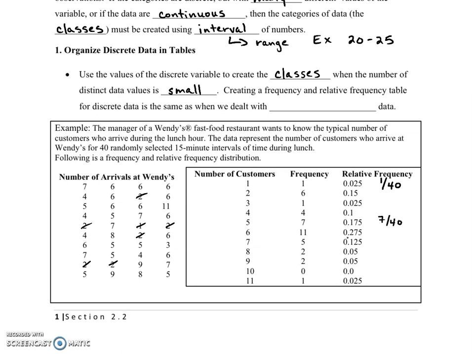And that's how they got the 0.175. So creating a frequency and a relative frequency table for discrete data, as I said already, was the same as when we were dealing with the qualitative or categorical data.